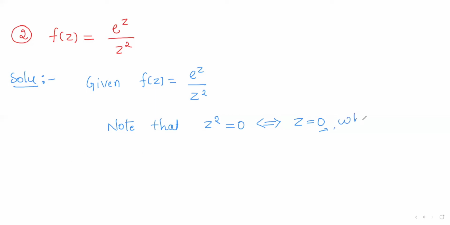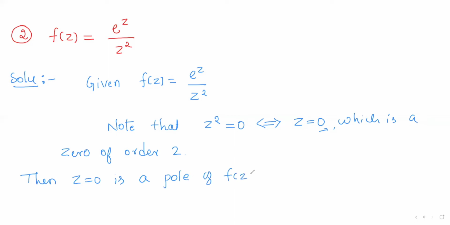So then z = 0 is a pole of f(z) of order 2.